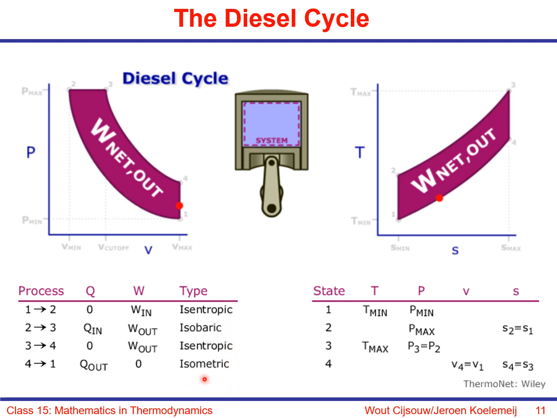That's of course just a synonym to isochoric, fixed volume. And then this table here to the right shows you again, in this case for each state, what the corresponding state variables are: temperature, pressure, volume, and entropy.